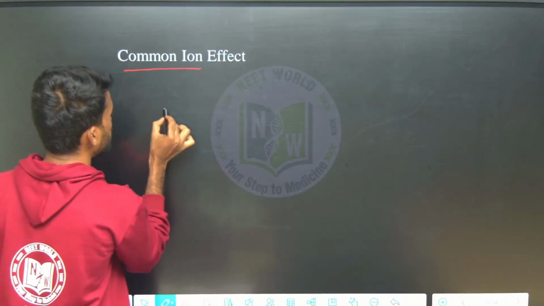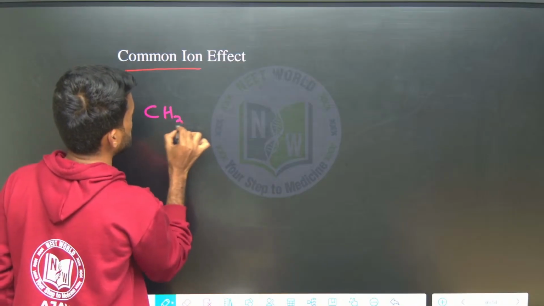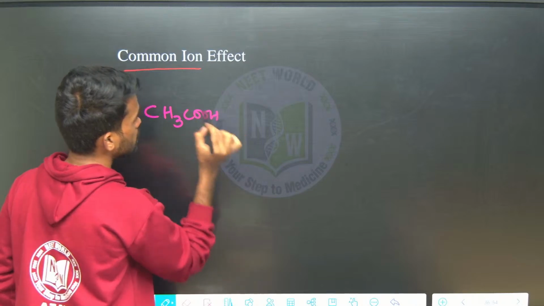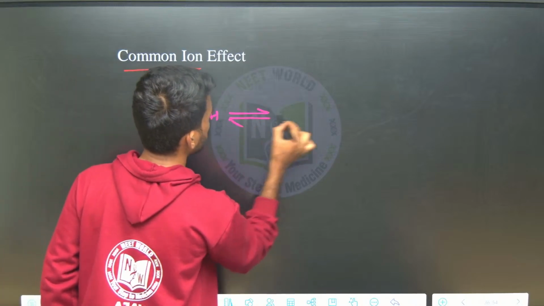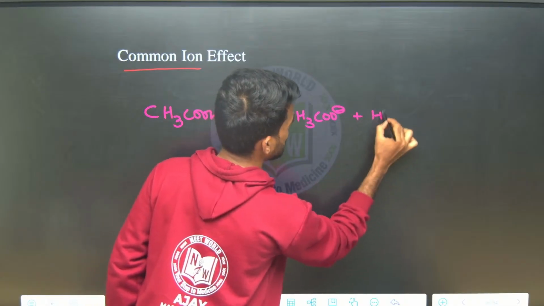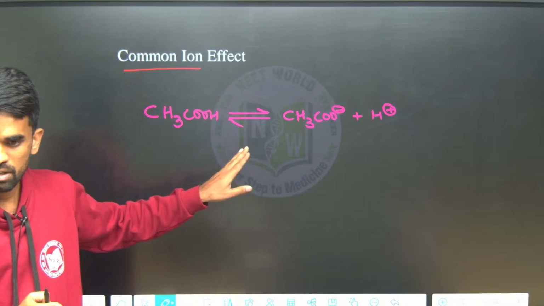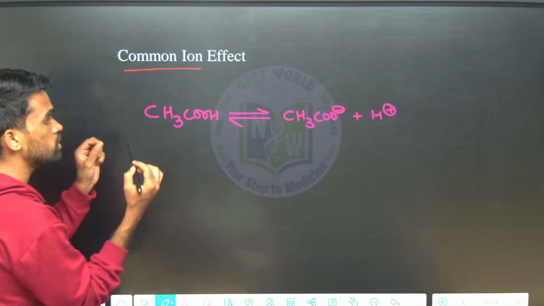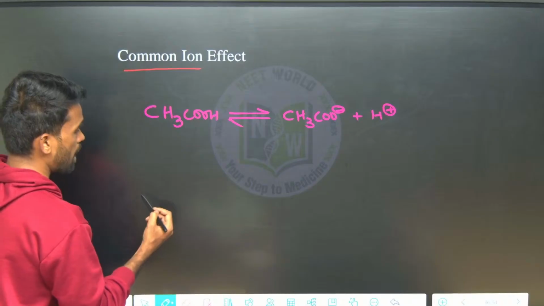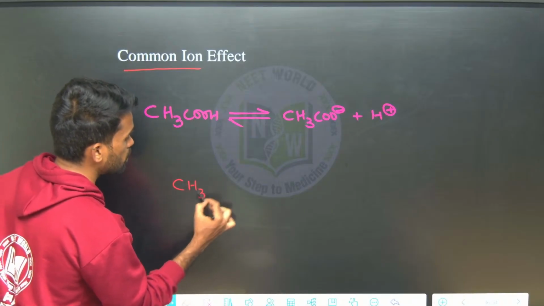I have a weak electrolyte. For understanding purposes I am taking a weak acid, acetic acid. This dissociates to give acetate ion plus H+ ion. Tell me whether it is a weak electrolyte or strong electrolyte? Weak electrolyte. Now to this weak electrolyte I am adding a strong electrolyte, something like sodium acetate.